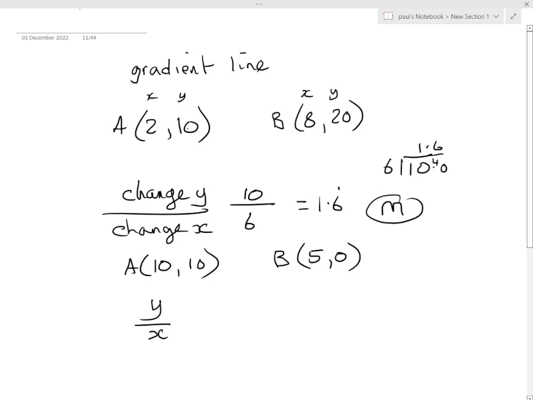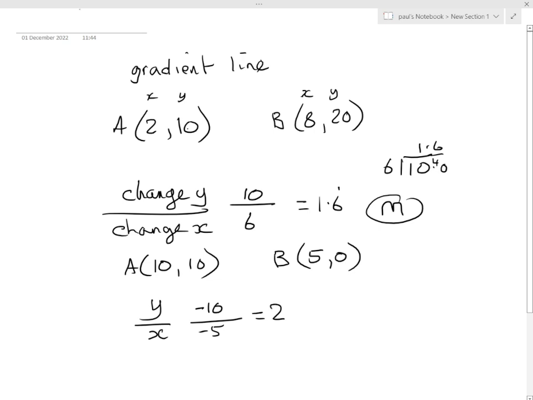So the change in y goes from 10 down to 0, which is minus 10, and the change in x goes from 10 down to 5, so this is minus 5. Minus 10 divided by minus 5, let's have a look, that equals 2.